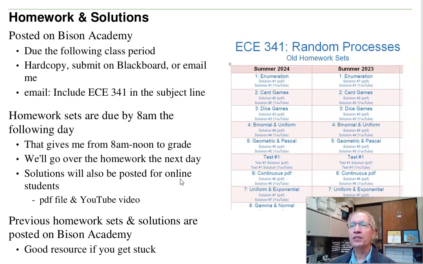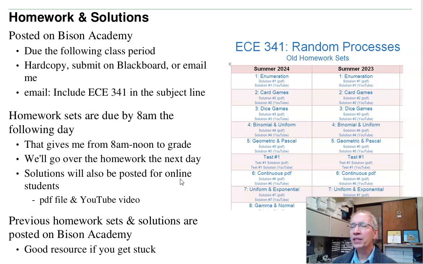In terms of homework sets, the homework sets are posted on Bison Academy. If you go under old homework sets, the previous semester's homework sets and solutions are also posted. Now, this is a place to go if you need help with the homework set. I forget how to do it. I don't really know how to approach it. You can look at what the problems were from previous semesters and how those were approached.